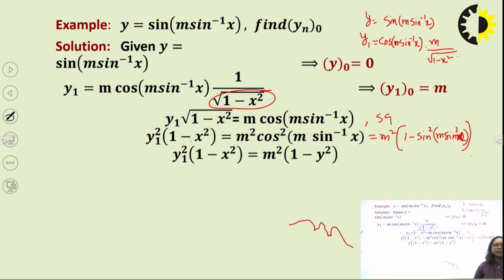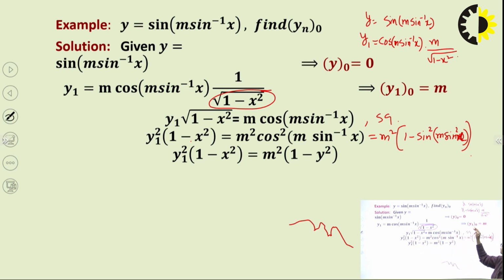And sin square(m sin⁻¹x) is nothing but y square. So we get the equation y1 square (1 minus x square) equal to m square (1 minus y square). Clear?